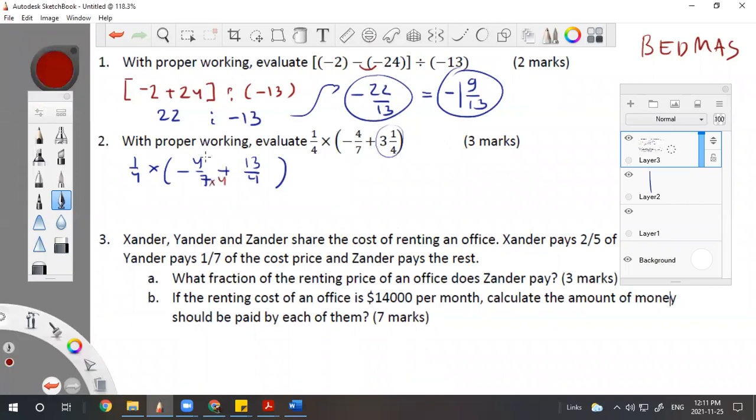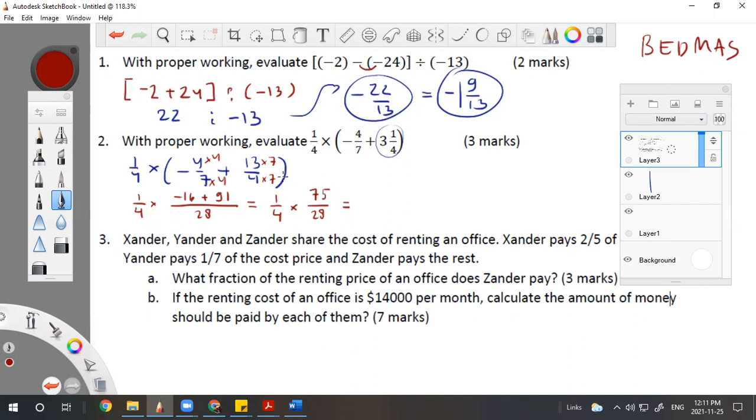So times 4 becomes 28, times 7 becomes 28 on the denominator. So -16 plus 91, 13 times 7 is 91 over 28. -16 plus 91 is 75. Yeah, that's it. Over 28.